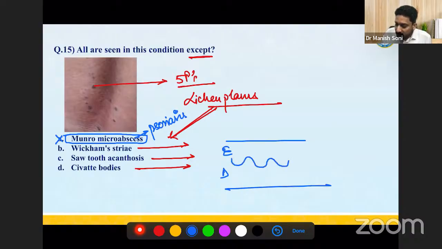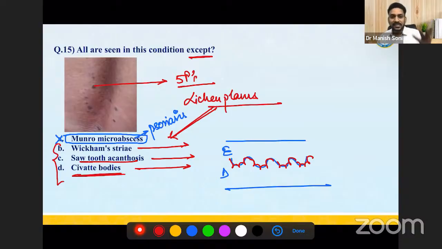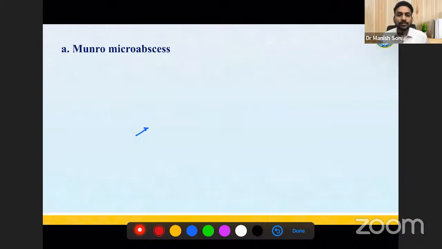Normally rete ridges are something like this, but here in lichen planus they appear something like this, that is they are pointed like a sawtooth. So saw-toothed rete ridges and civatte bodies, these are also seen in lichen planus. So remember all these are important. All these can be seen in lichen planus. So 3 features of lichen planus except, answer becomes A, Munro's microabscess, which are seen in psoriasis.